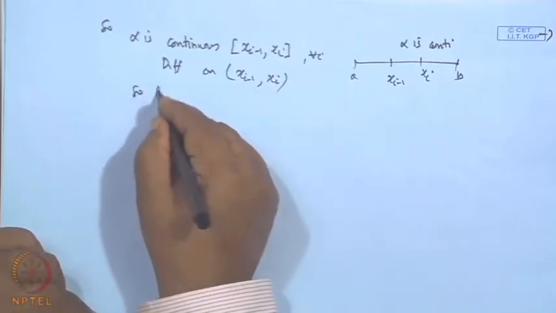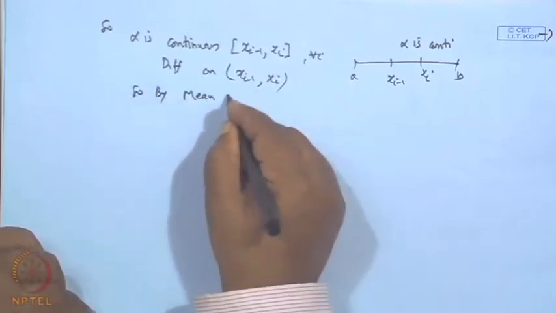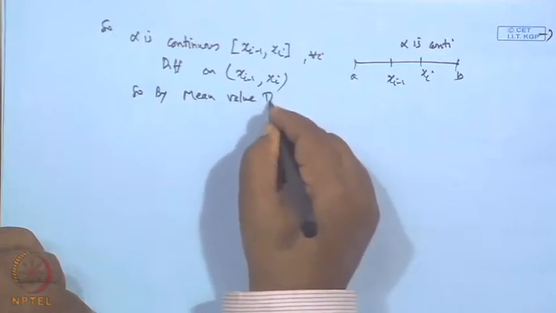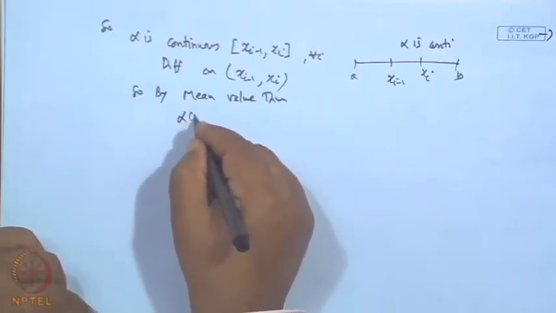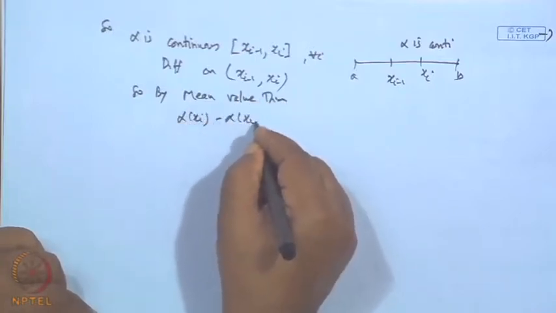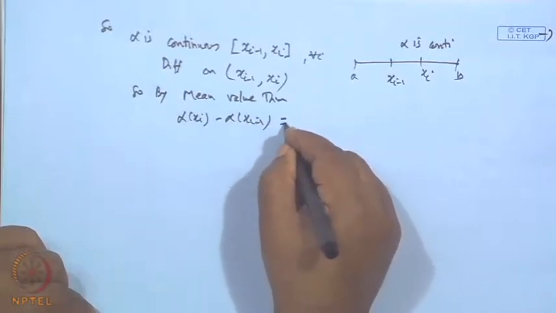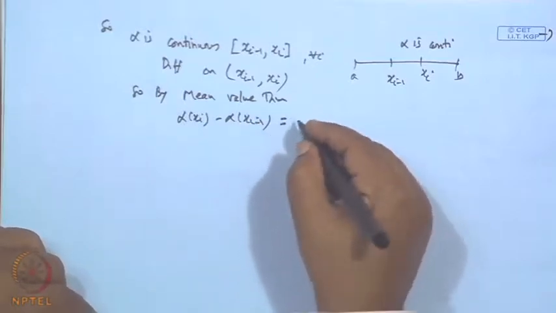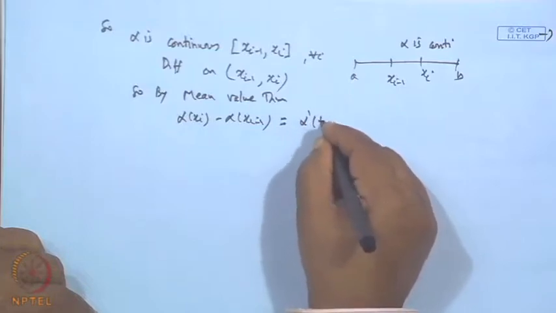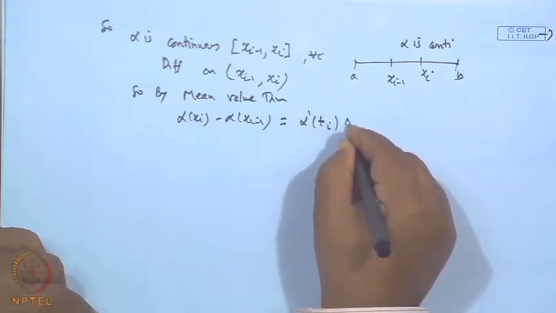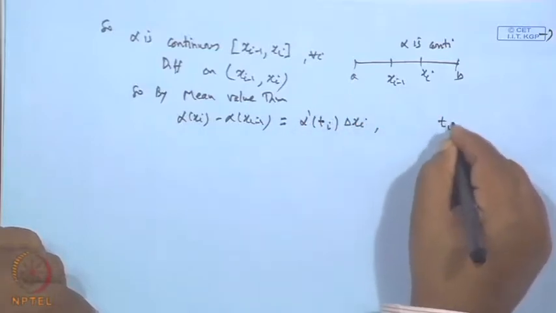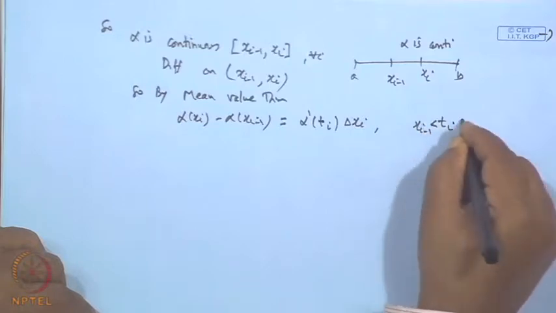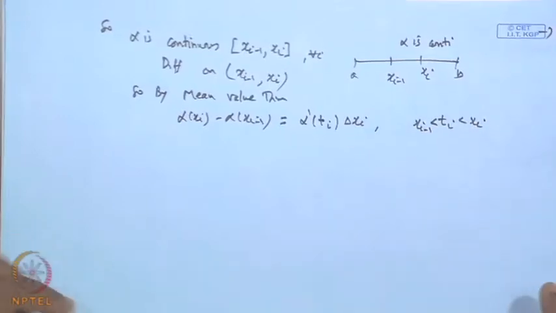So, by Lagrange's mean value theorem, alpha(x(i)) minus alpha(x(i-1)) must be equal to alpha dash at a point t(i) times delta x(i), where t(i) lies between x(i-1) and x(i).